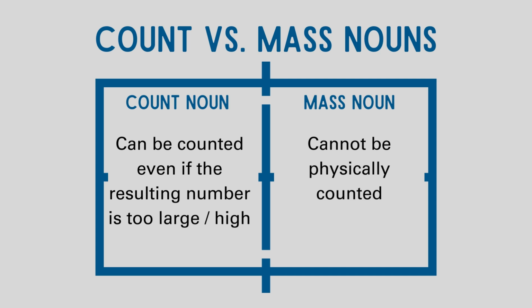On the other hand, mass nouns or uncountable nouns or non-count nouns refer to substances, materials, or concepts that cannot be counted as separate units. They do not have a plural form, and they are not used with numbers or quantifiers. Instead, they are usually expressed in terms of quantity or amount.